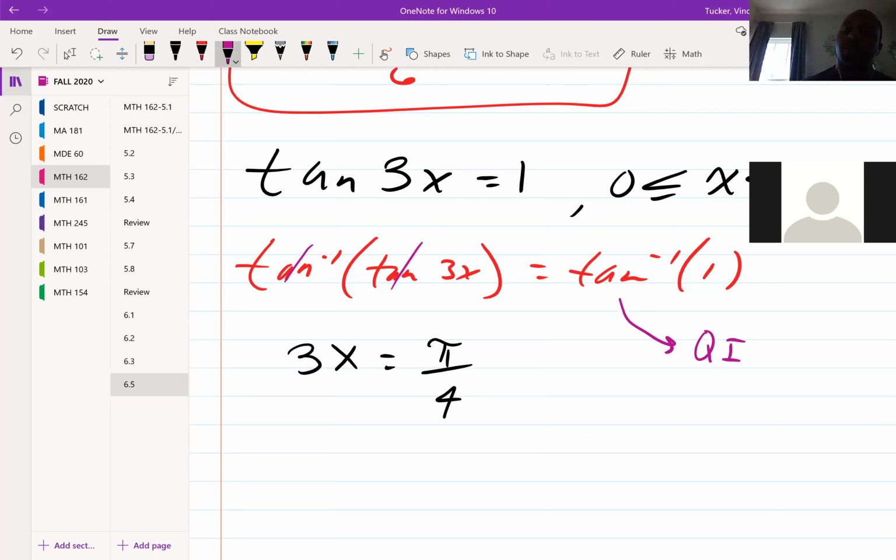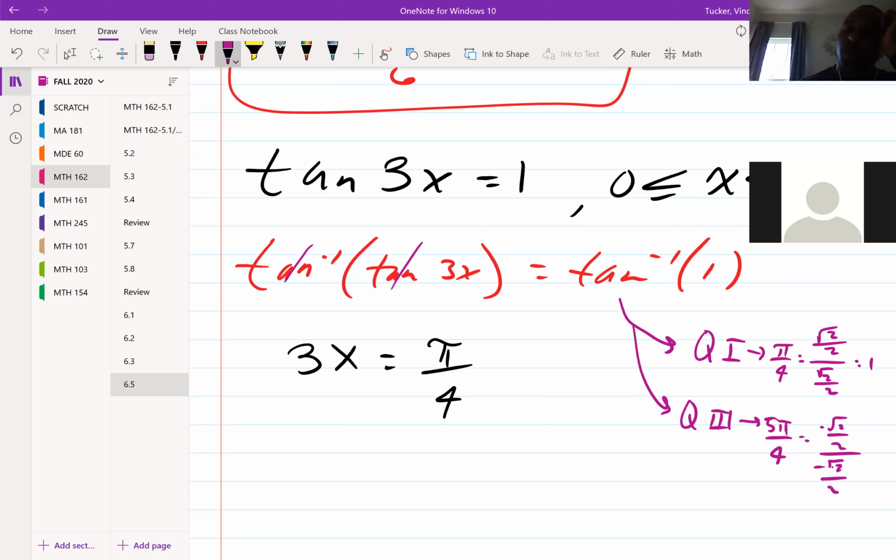So you're going to have sine over cosine, which is your tangent. You're just talking about square root of 2 over 2 over square root of 2 over 2, and that'll give you 1. And then negative square root of 2 over 2 over negative square root of 2 over 2 will also give you a positive 1. So that's what I'm talking about.